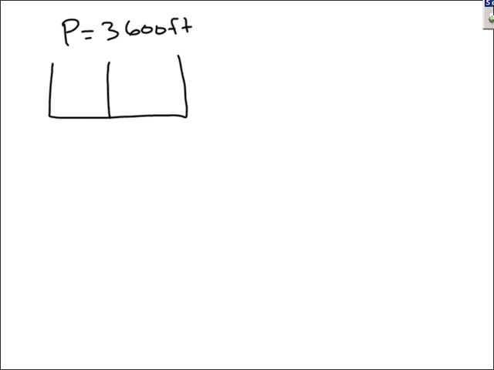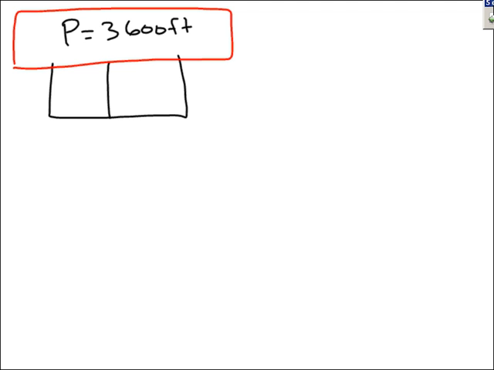A sideways E. Why is that? Because you're putting this against your building. This is your house, and you're attaching it to the house. You don't have to put fencing right in front of the house. Okay, so this is what you want to build. You want to build what you see in black.